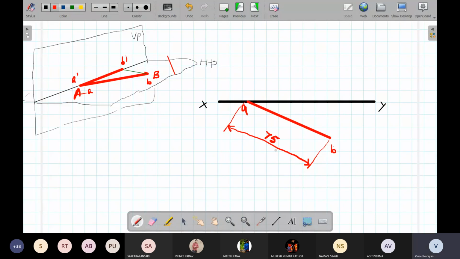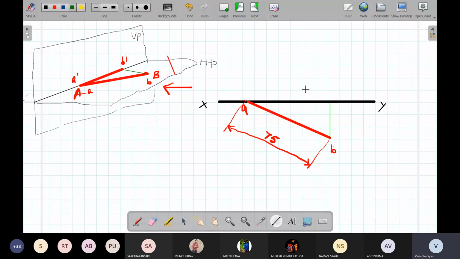Now its projected length, that is, if you look from this side, this will be the cos component of this line. But in engineering graphics, we don't use mathematics, so we have to project it. So we will project this B. Projection lines are thinner, so I will use a green color here. So this is the projection line.